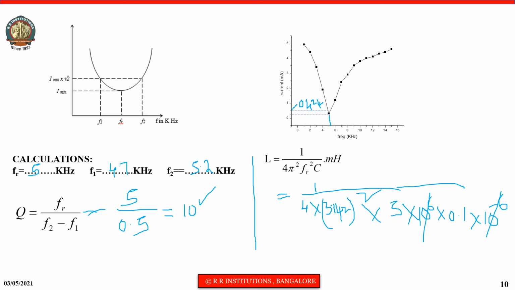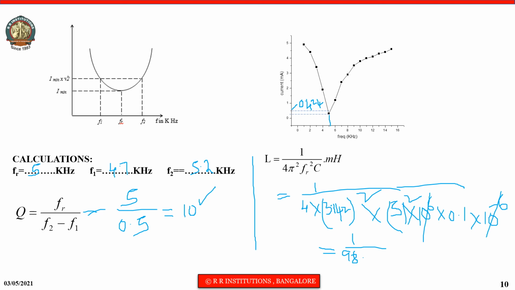2 multiplied by the square of 3.142. So it comes out to be 1 divided by 98. This is 5 squared. So 5 squared is 25. 25 multiplied by 4 is 100. 100 into 0.1 is 10. 10 into the square of this. The square of this is 9.87.